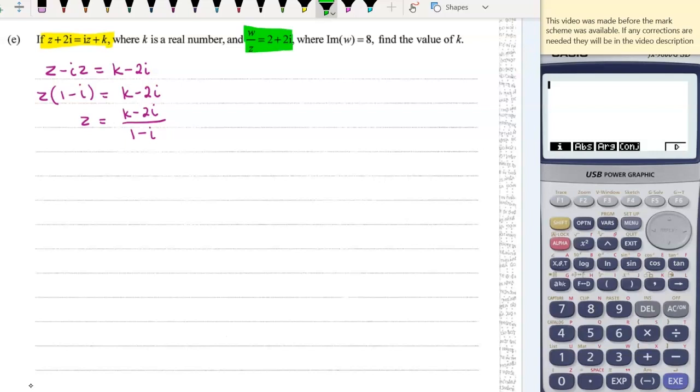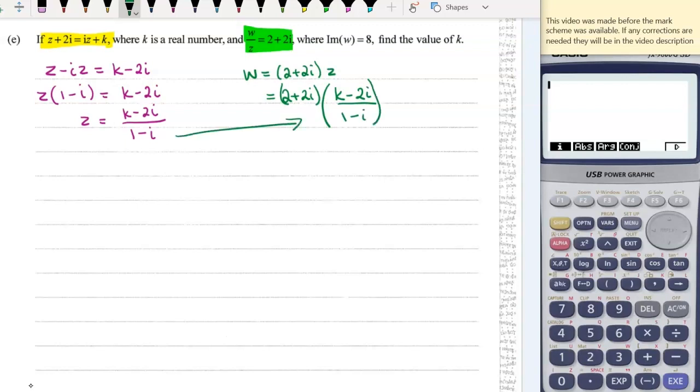Then from this bit, we can rewrite that as w equals 2 plus 2i times z. So that's 2 plus 2i times the z that we just worked out, k minus 2i over 1 minus i. So subbing that into there.